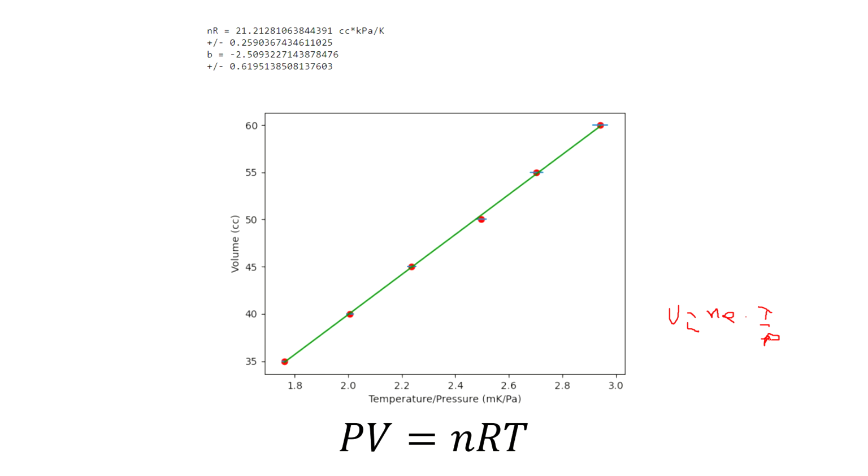So the data does follow the ideal gas law, but not exactly, because if it were exact, there would be no discrepancy on the y-axis. There wouldn't be a y-intercept. But as you can see here, represented by the letter B, there is around -2 cubic centimeters. This is because we also haven't accounted here for the original volume of the syringe, as we saw in the last part.